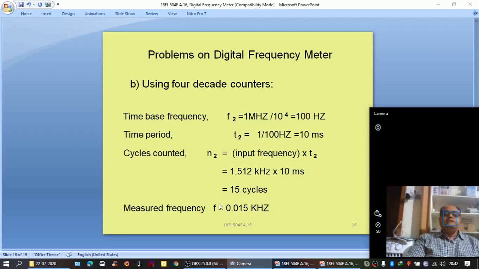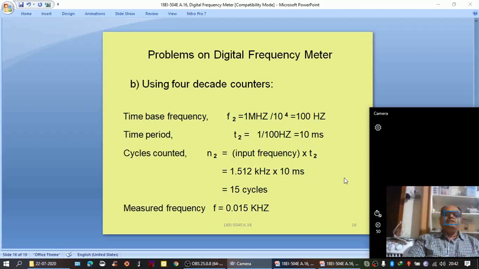Now, in the second case, in a gating time of 10 milliseconds, only 15 cycles of the input signal are allowed to reach the counter. Counter counts it as only 15. In that case, what is the frequency?